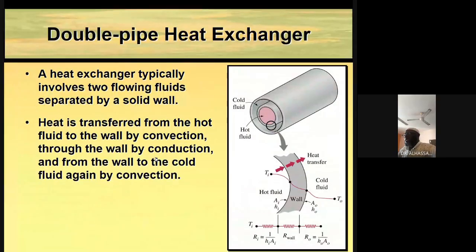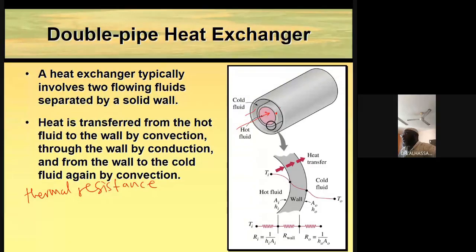Let us bring our minds back to thermal resistance. Let us consider we have fluid flowing into this pipe, with an inner tube and an outer tube.